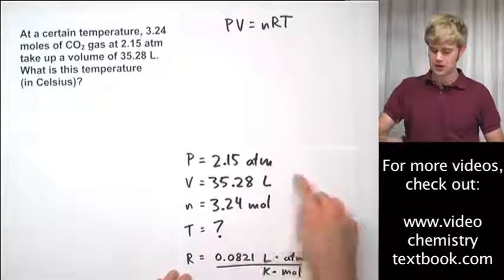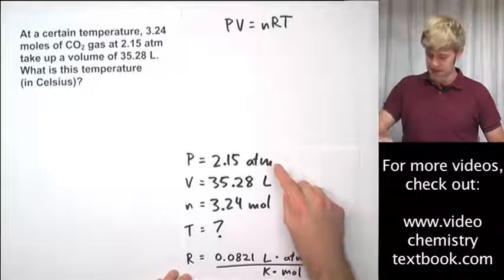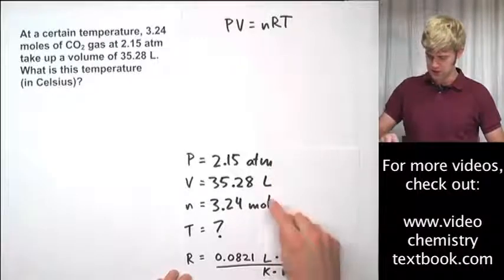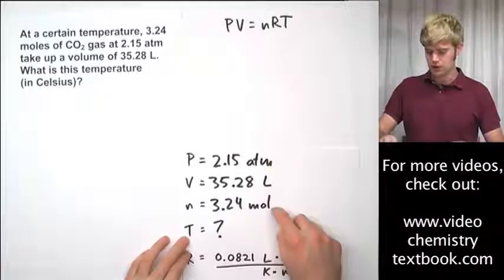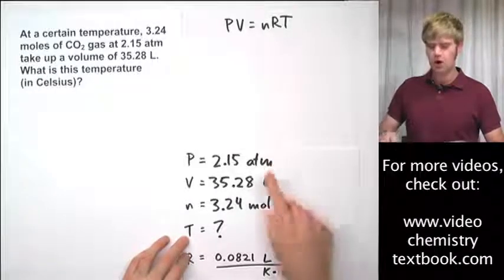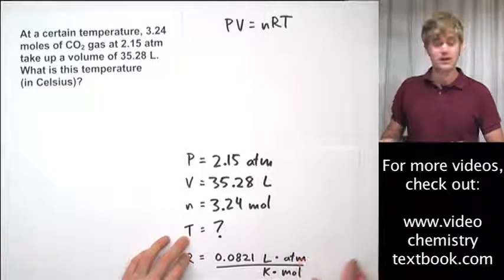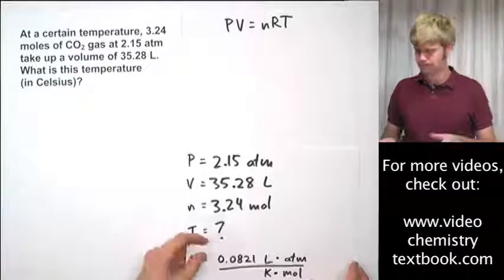Do the units up here match the units on R? ATM, ATM, liters, liters, moles, moles. Okay, we're set. Just once again, if the units here didn't match the units on R, we would have to convert them so that they did match. Okay?